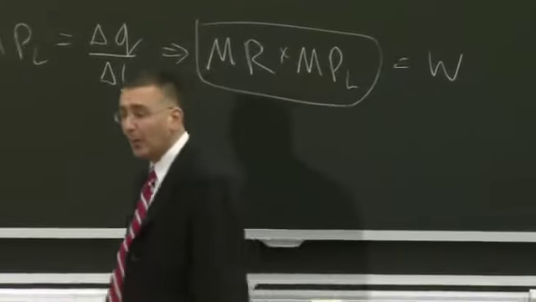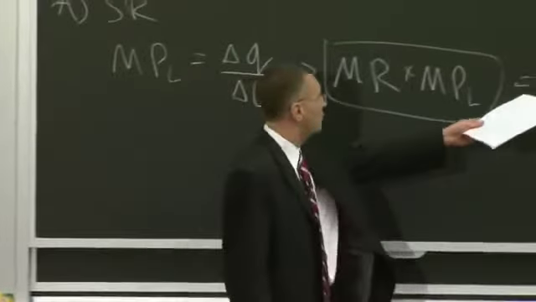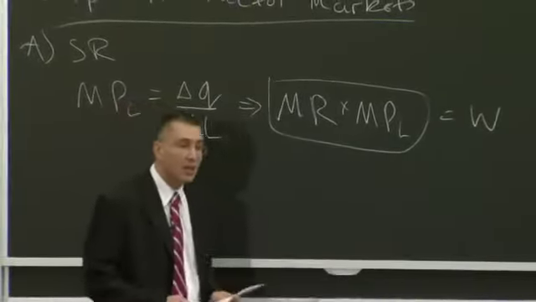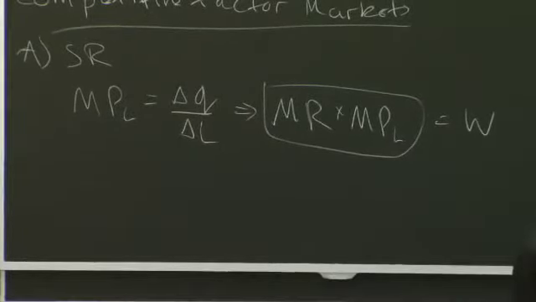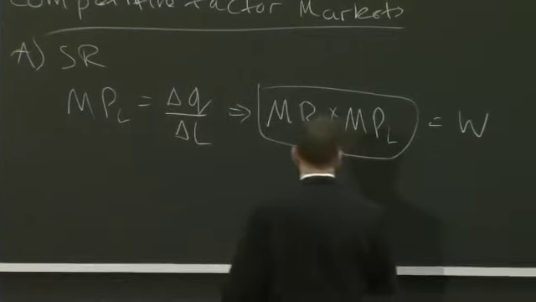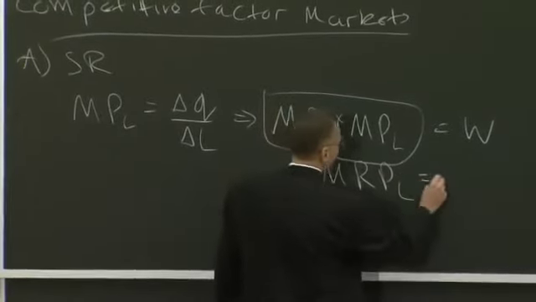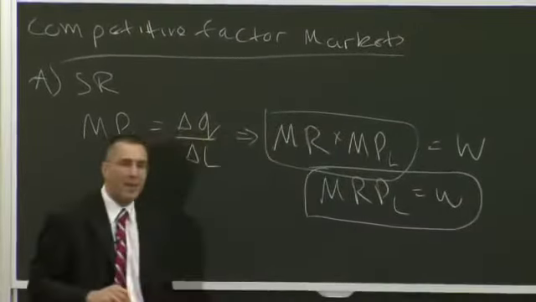In a perfectly competitive labor market, the marginal cost of another worker is the wage, and this is the marginal benefit of another worker. So this is the condition that firms are going to use to decide how many workers to hire. We're going to call this the marginal revenue product of labor. So you can set the marginal revenue product of labor equal to the wage. That's going to be your profit maximizing condition.